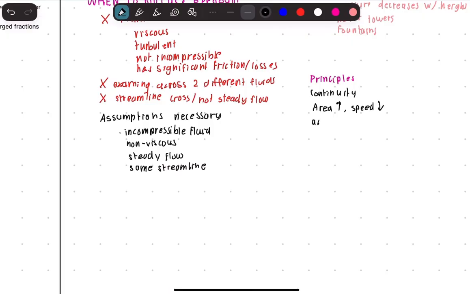Area decrease means speed increase. From Bernoulli, we have speed increase means pressure decrease, and height increase means pressure decrease.